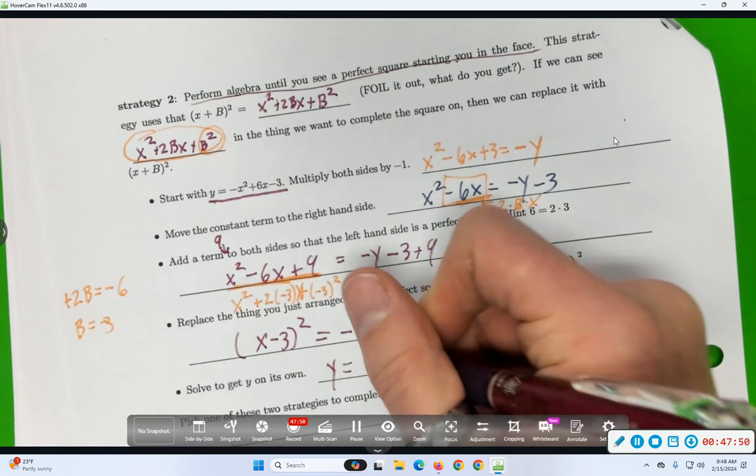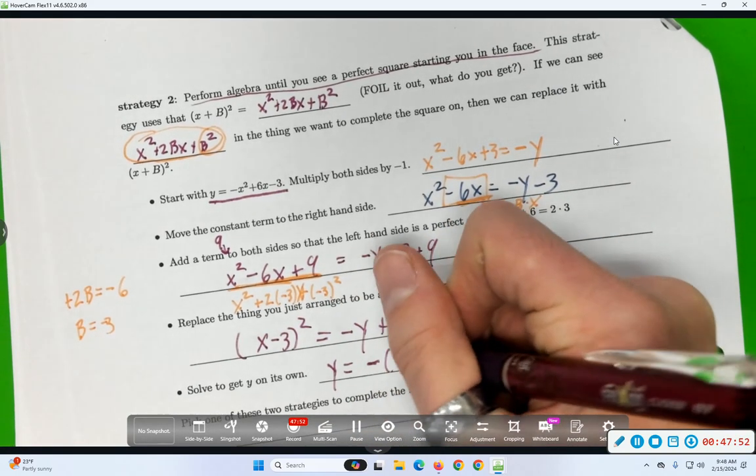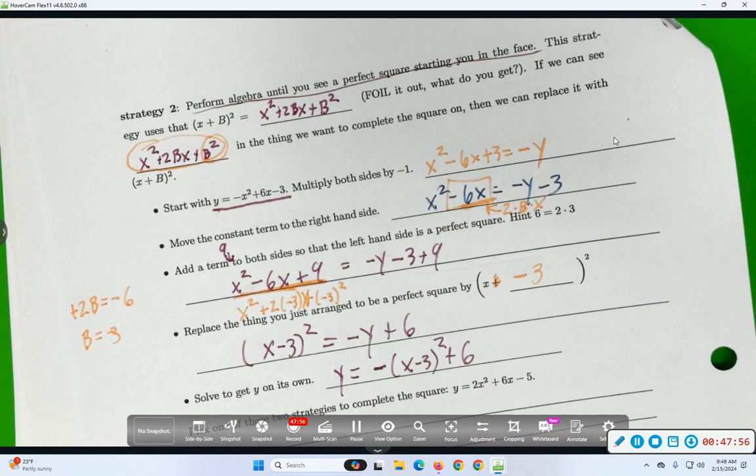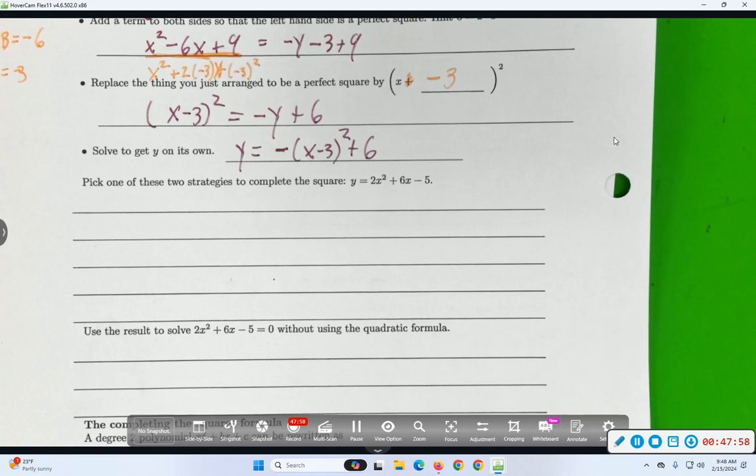Y equals minus x minus 3 squared plus 6. Cool. And hopefully that agrees with what we had on the previous page. Does it agree with what we got on the previous page? Okay, that's good.